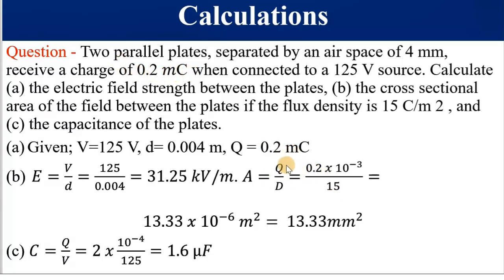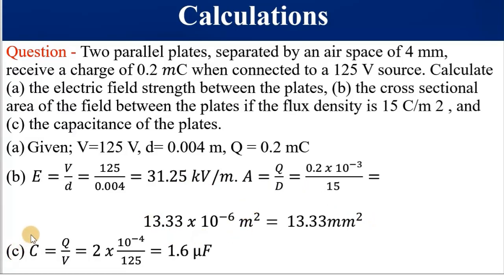So we simply say charge divided by electric flux density, and this is going to give you 13.33 times 10 to the power minus 6 square meters, and this can be converted to square millimeters. This is how you calculate the cross-sectional area.